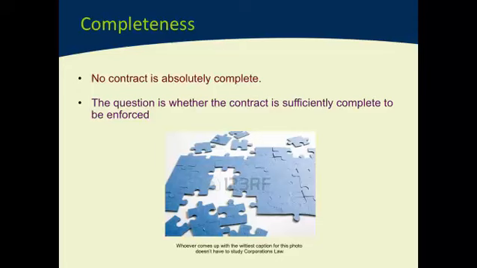The question that the court will look at when the court is trying to work out whether a contract has been properly formed is whether the contract is sufficiently complete to be enforced.